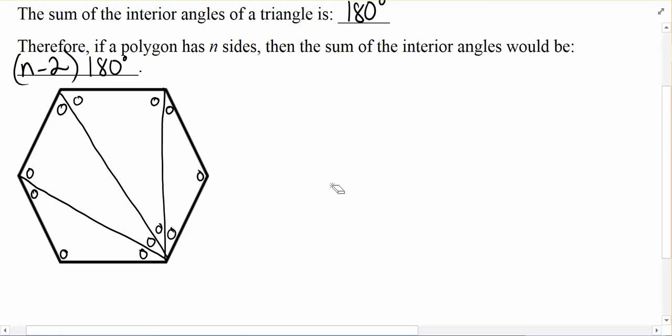So we can see then that the sum of the interior angles is the number of triangles times 180. And so if we know the number of triangles is n minus 2, then the angles are going to add up to n minus 2 times 180.